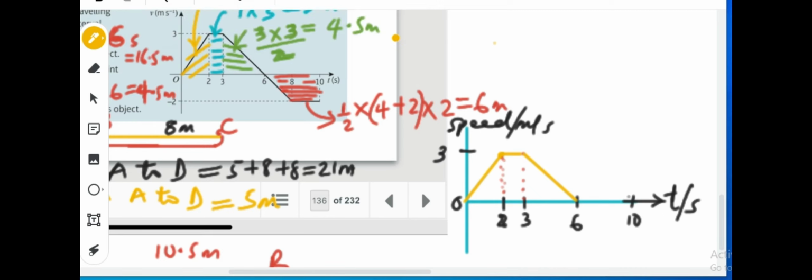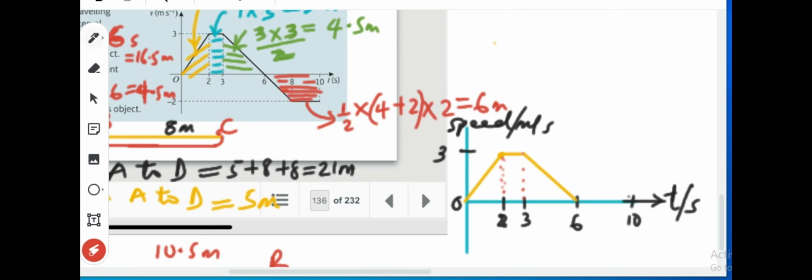So one more time, constant acceleration in the forward direction, constant speed in the forward direction, constant deceleration in the forward direction. Now this is constant acceleration in the backward direction, 6 to 8. Oh, I didn't even represent 6 to 8 before.